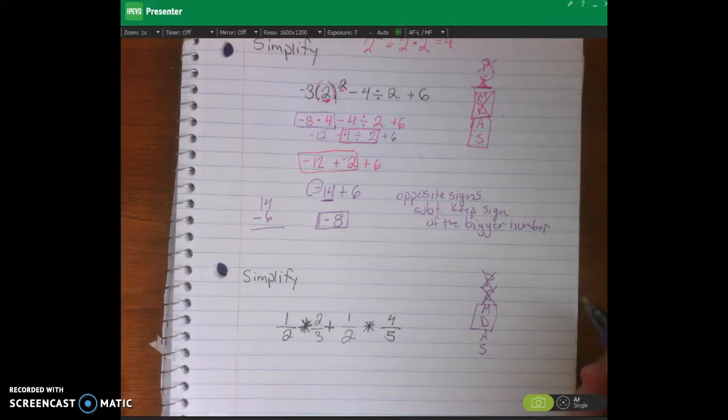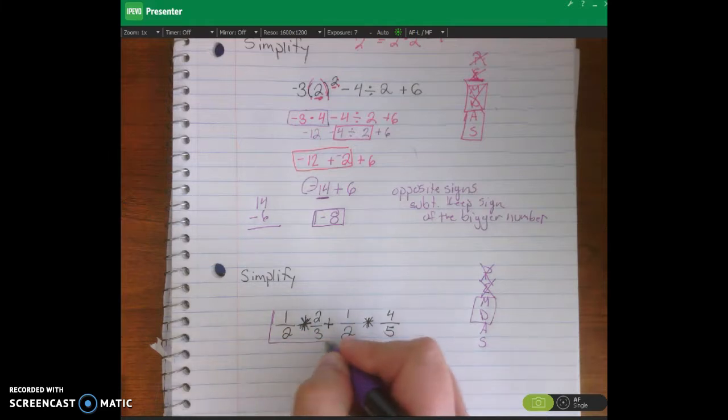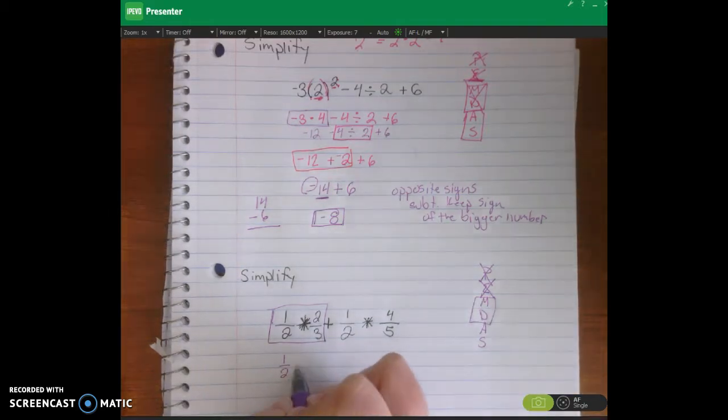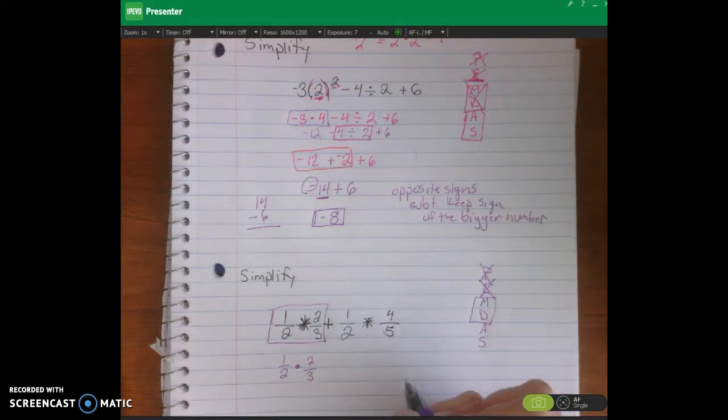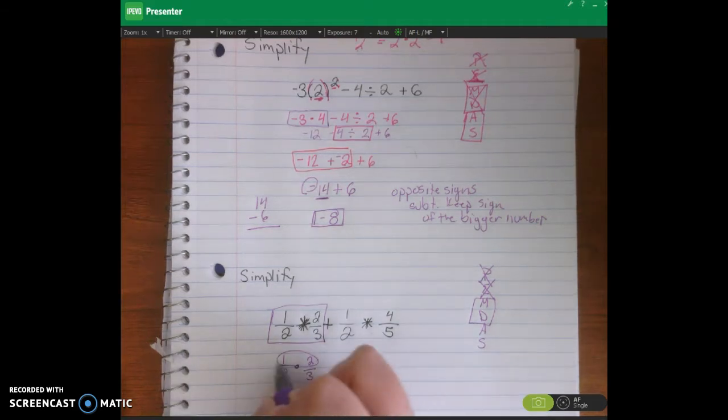So we're going to start with that multiplication. So I'm going to start with my first one. 1/2 times 2/3. So if you need to, just write that by itself. 1/2 times 2/3. And when we multiply fractions, we can just multiply the numerators and the denominators together.